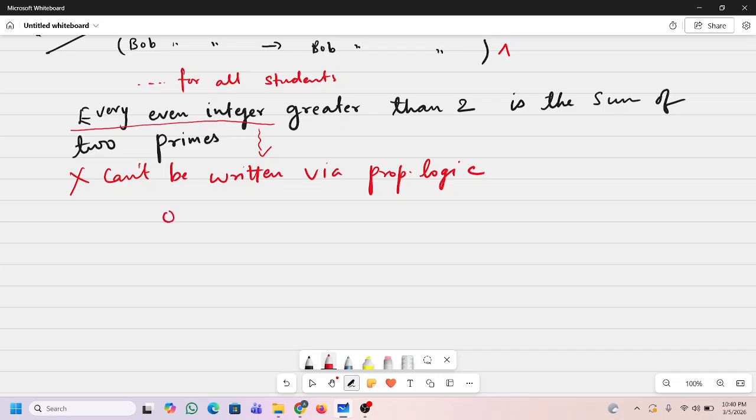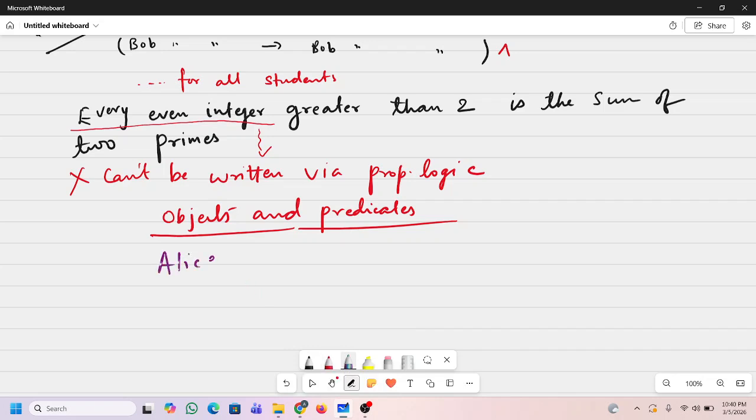Now I'm going to introduce one term: objects and predicates. So what are they? Let us say you have a statement like Alice knows arithmetic.